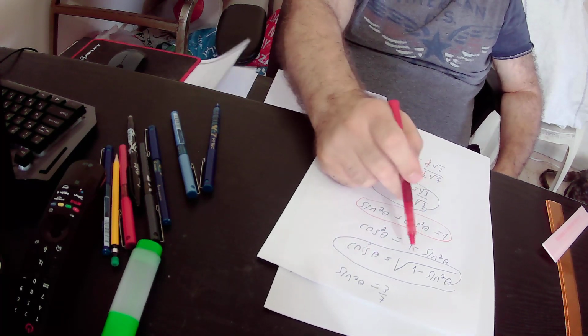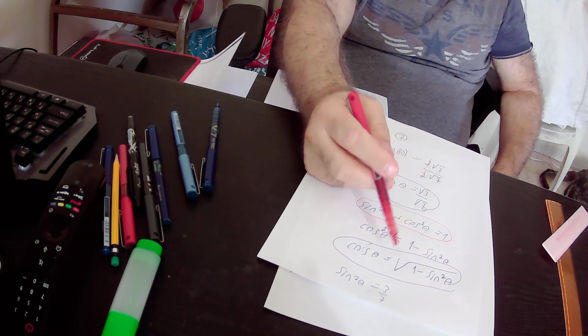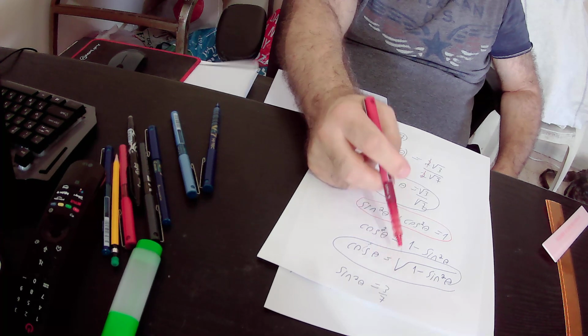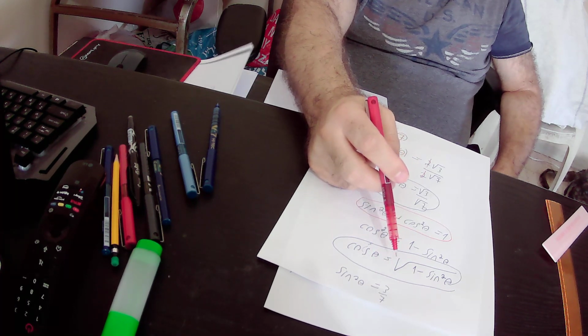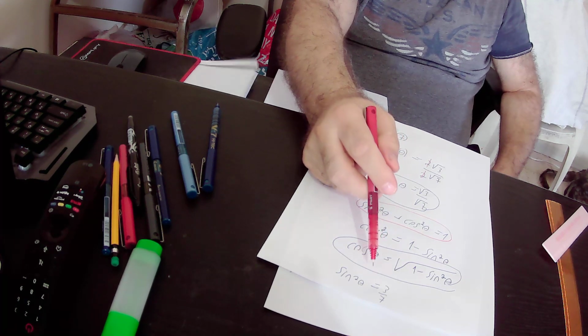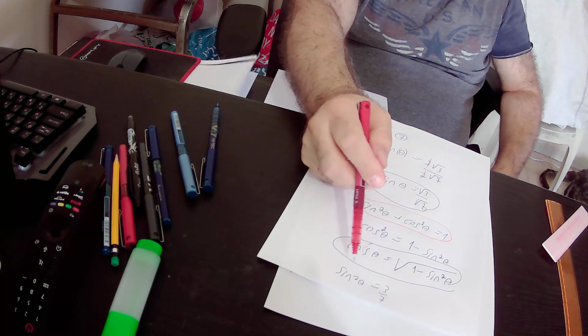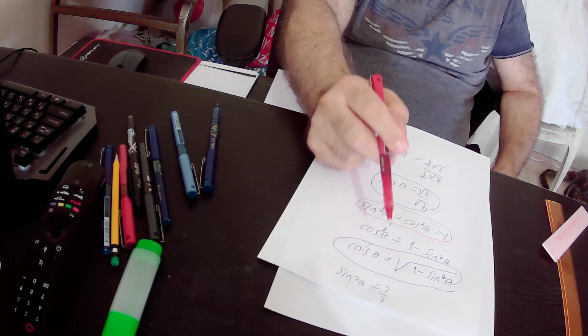Okay, so we can substitute sine theta squared in this equality by 3 over 7, because sine theta squared equals 3 over 7.